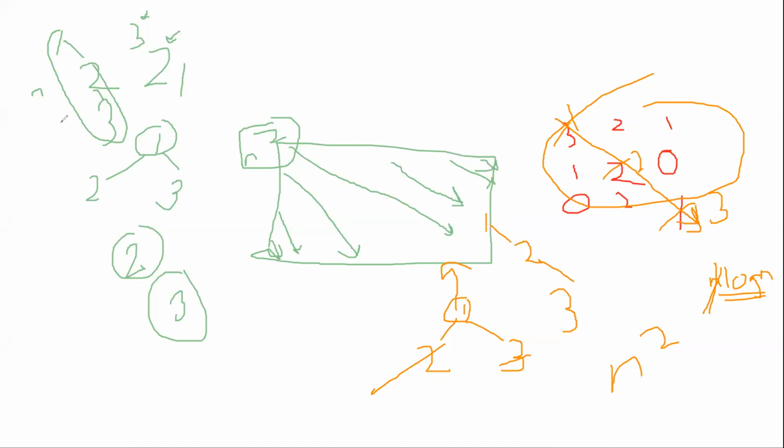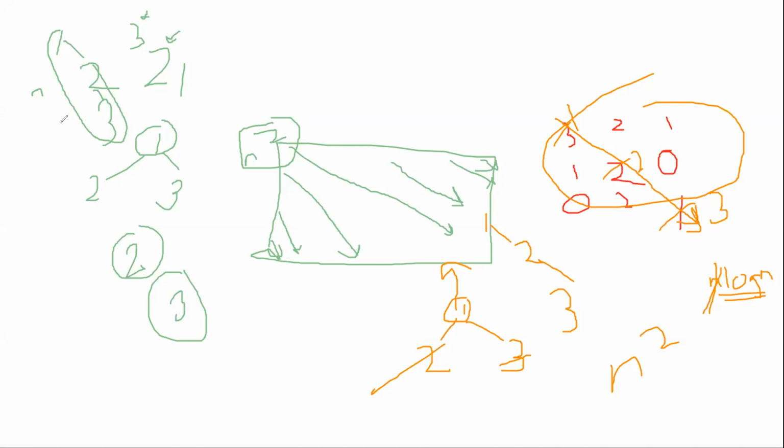n. n, correct. So if you take each of those elements and try to insert it into a heap, every time you're taking one element and inserting it into a heap, you're getting n log n complexity for that diagonal. Is that correct? Yeah. Right. And how many total diagonals are there? n square.